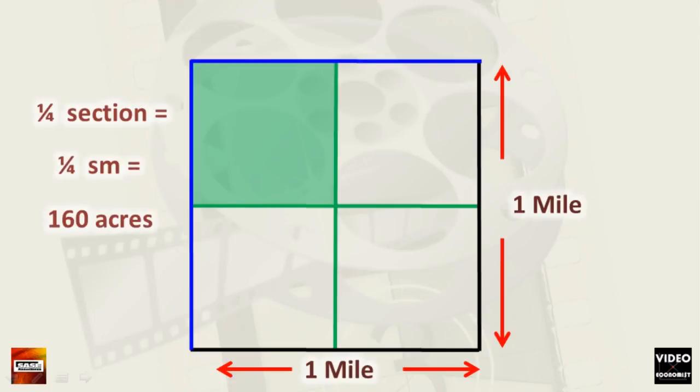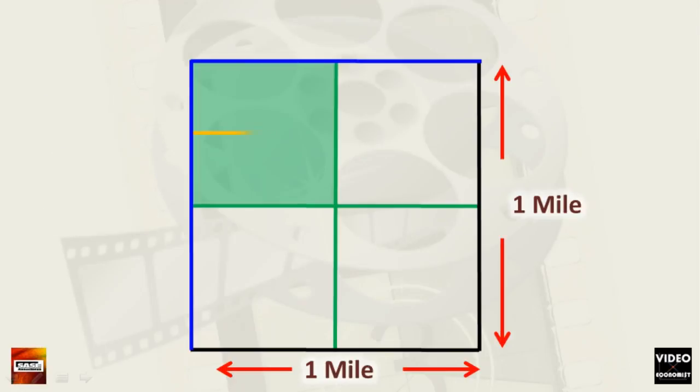If we subdivide this into quarter sections, so each section is a quarter of a square mile, there are 160 acres. And the boundaries of this are 1/2 mile by 1/2 mile.